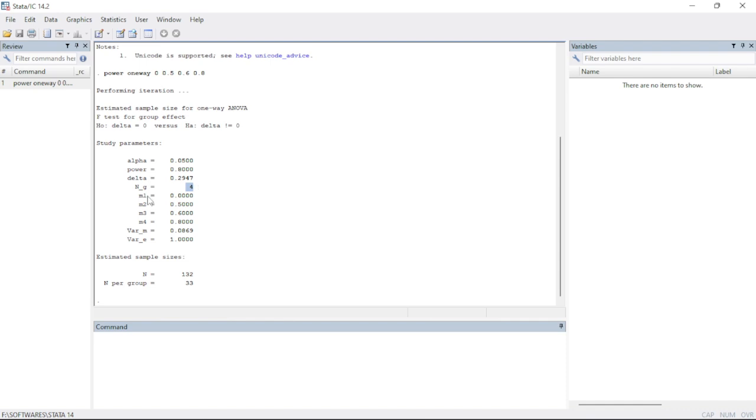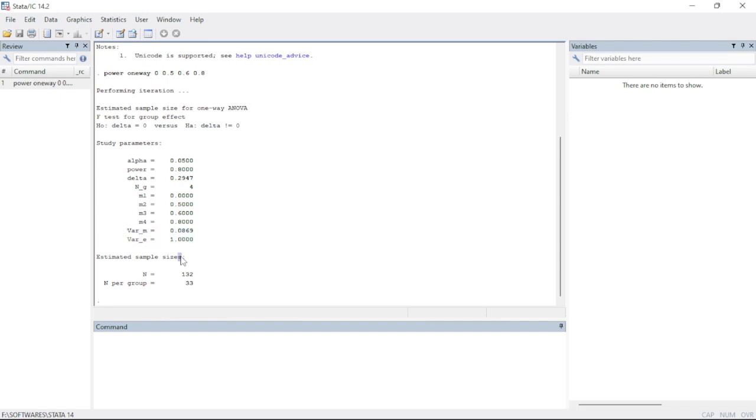These are other default values in here. You remember mean 1, the first effect, is 0. The second effect, for the second group, is 0.5. The third group 0.6. The fourth group 0.8. That is what's calculated. The variance has been calculated automatically on its own.